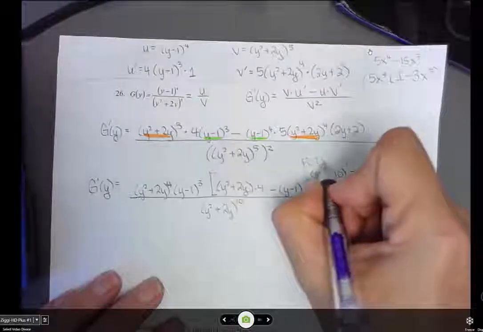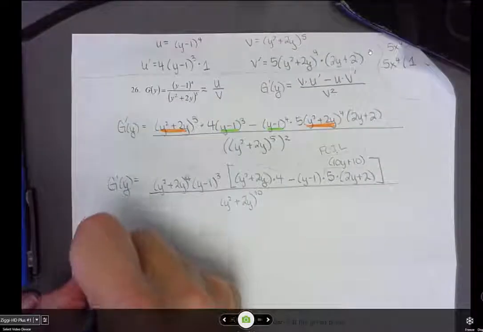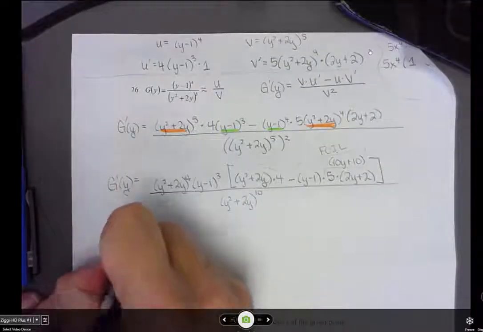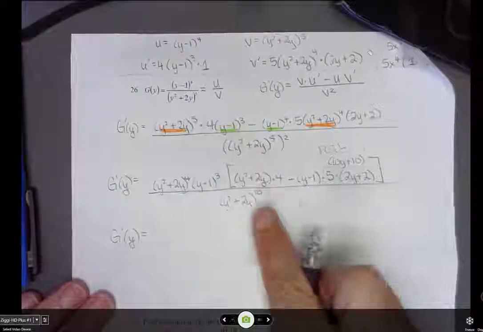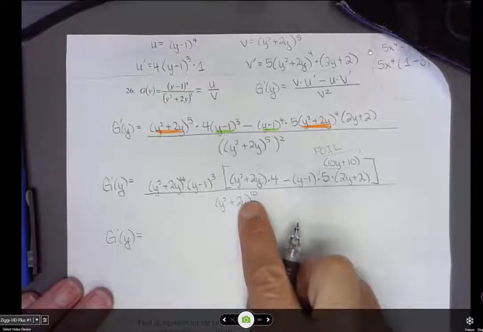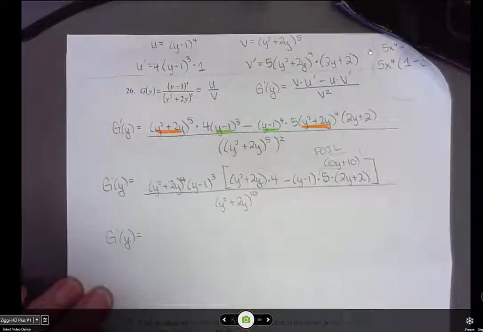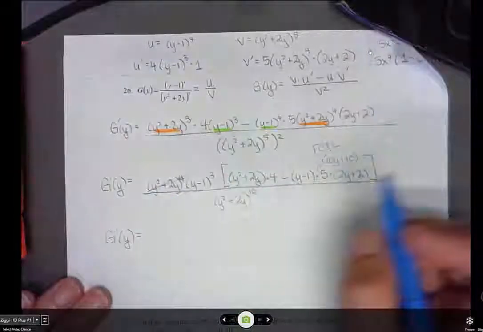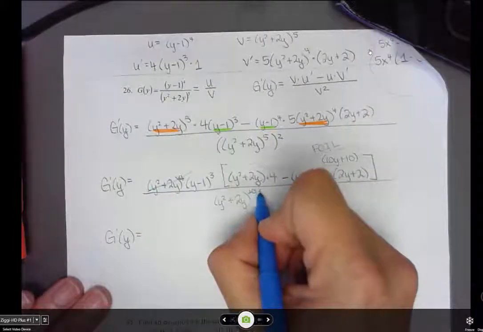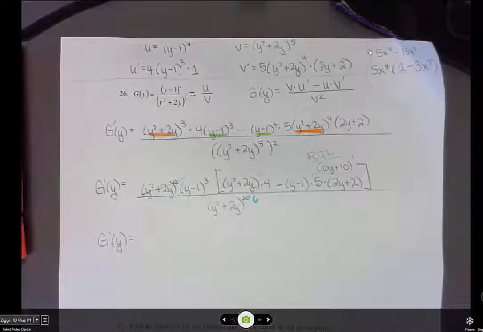The other thing I see is that I have y squared plus 2y to the 4th and y squared plus 2y to the 10th. So there's going to be some cancellation there. Right? So these 4 factors will cancel 4 of those, so that means 6 are left. And the y minus 1 cubed just stays there.